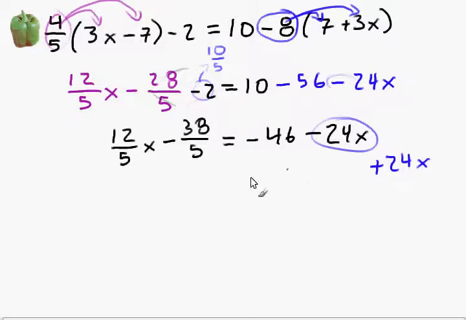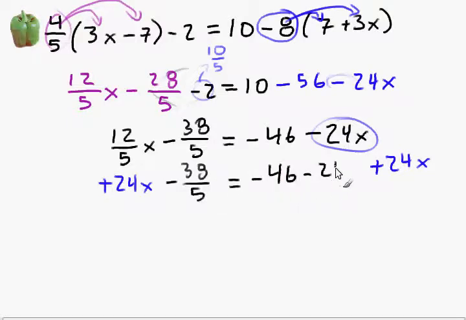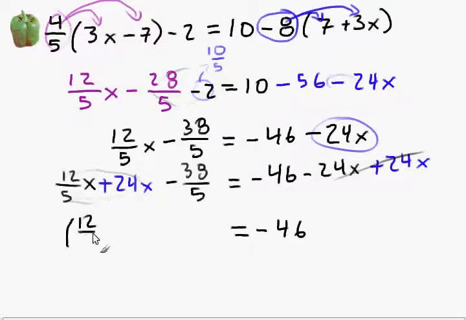So we're going to add 24x to both sides. And we'll fill in the rest of the problem around it. These cancel. Our right-hand side is now negative 46. Our left-hand side is, well, we could add these fractions, or we could just represent that value like this, because that's what it would be, right?